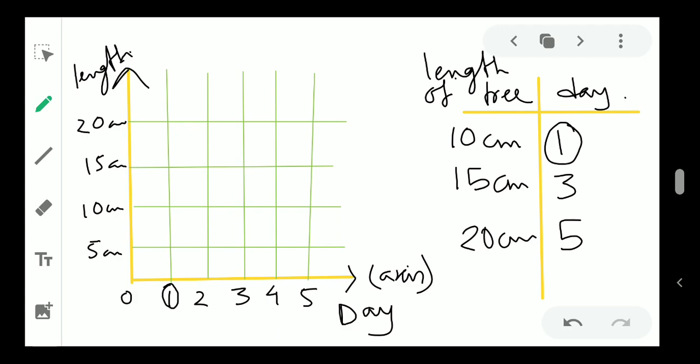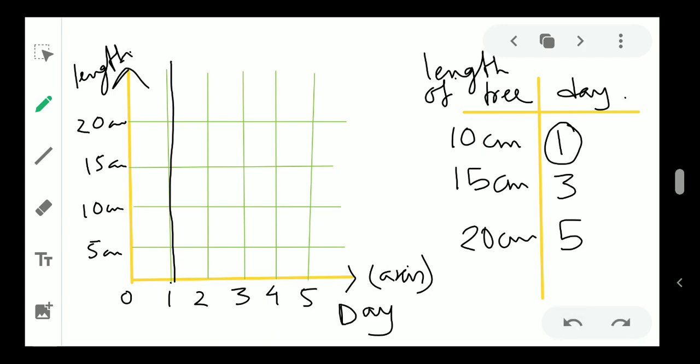So I will hold my hand there, and then 10 centimeters. So I will see where 10 centimeter is. Actually what I am doing is looking at day 1 because this is my data. So day 1 and 10 centimeter, and where these two lines intersect, that is my point.